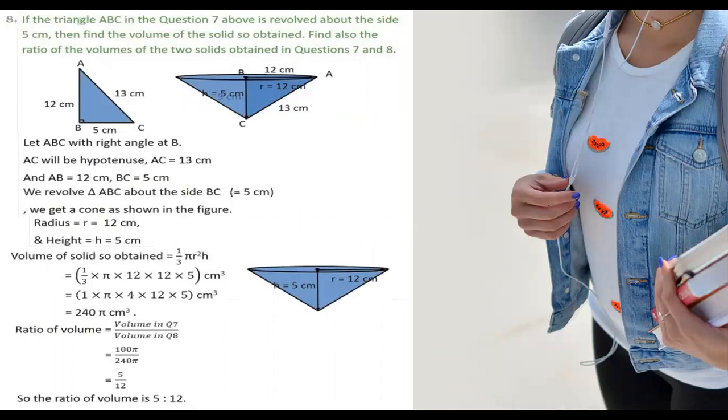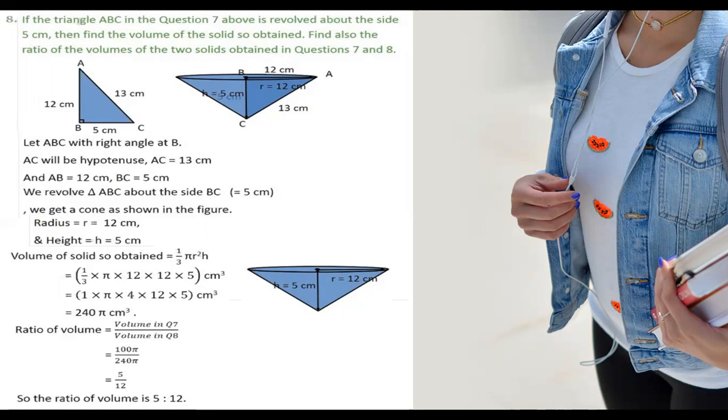So it will form a cone like this with height equal to 5 centimeters and radius equal to 12 centimeters. So the volume of the cone is 1/3 pi r square h. Now substituting radius as 12 centimeters and height as 5 centimeters, we get 240 pi centimeter cube.